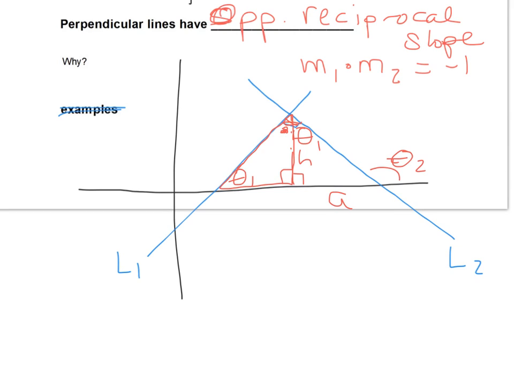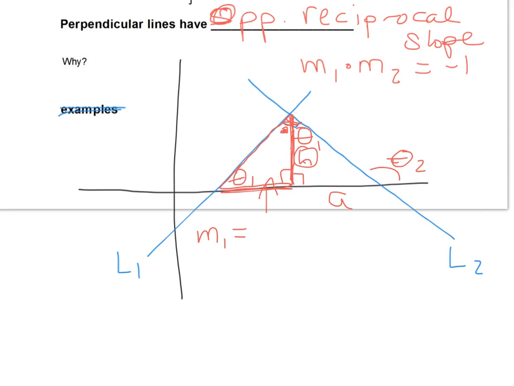In this triangle, it helps us find the slope for L1. The slope for L1, so slope 1, is rise over run: H over whatever that is. But that doesn't help us. H over this length is really tangent, right?